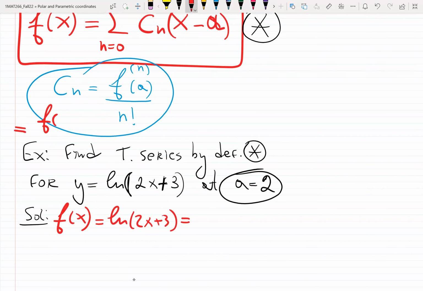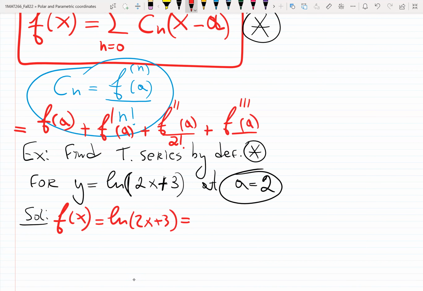It's the zero derivative at a, plus the first derivative at a divided by 1 factorial, plus the second derivative at a divided by 2 factorial, plus the third derivative at a divided by 3 factorial. And let's keep going. What is missing? I wrote down the formula for the c sub n's.